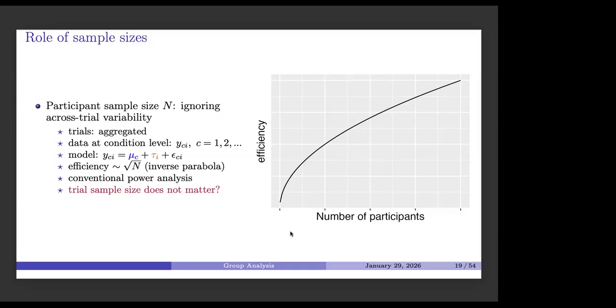People tend to ignore the number of trials, but when we design an experiment, of course, we need to decide how many trials for each task condition. But that number of trials is basically based on some legacy, right? You can say 20, 30, you may feel it's enough. That kind of thinking tends to assume the number of trials doesn't matter much.